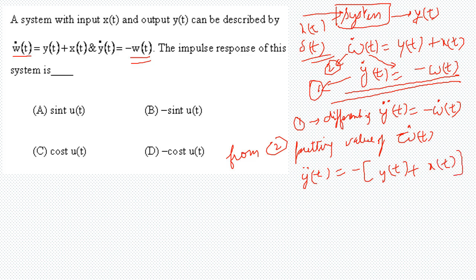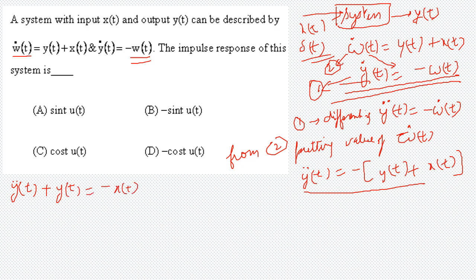Now you can see only x and y terms are there. So we can take the y terms to one side and the x terms to the other side. So we get y double dot of t plus y of t equals minus x of t.